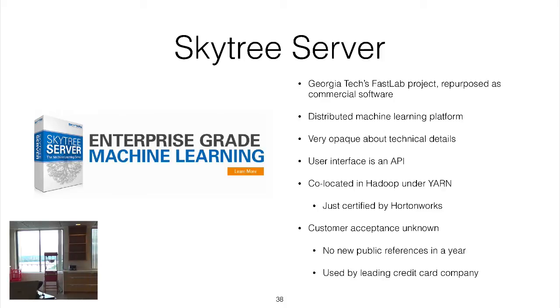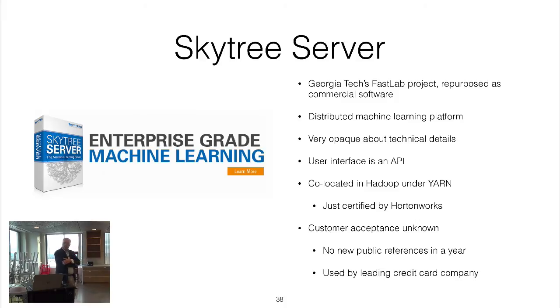And they do claim to support a range of programming languages, Python, C++, they say. They say they support WCAG and so forth. This is a co-located architecture.